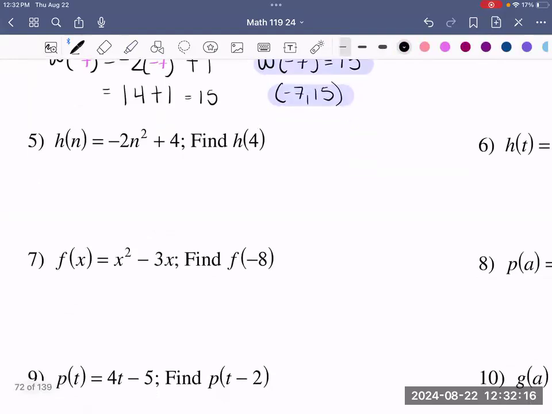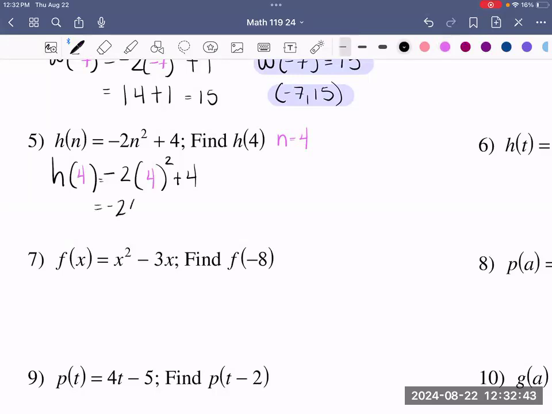We'll do a few more, and maybe we might jump around here. We have h of n is equal to negative 2 n squared, plus 4. This n was squared, so we're just going to open up a pair of parentheses to actually fit your value in. We're looking for when n is equal to 4. So replacing that n with a 4.